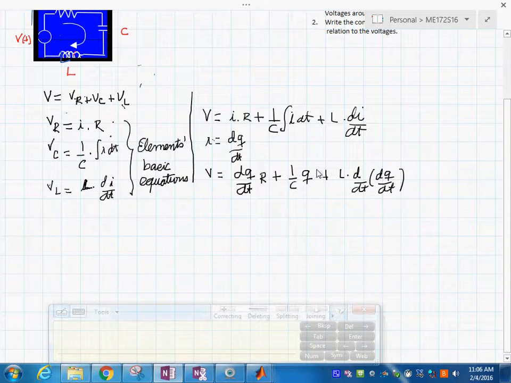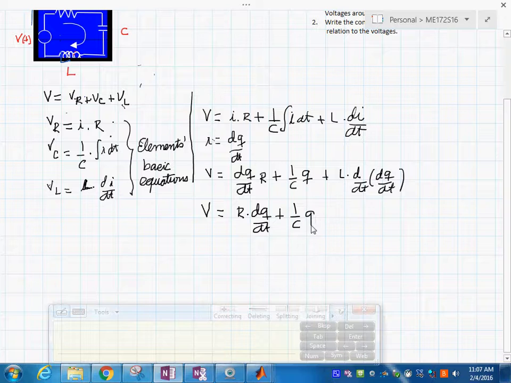Now it's looking a little better, because now I can write that V is R times dq dt plus 1 over C times Q plus L times d squared Q dt squared.